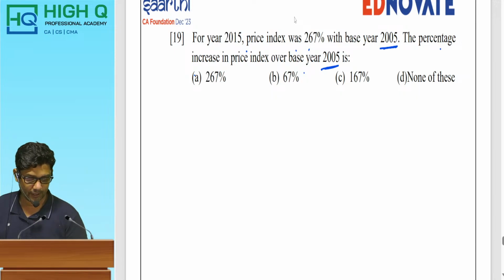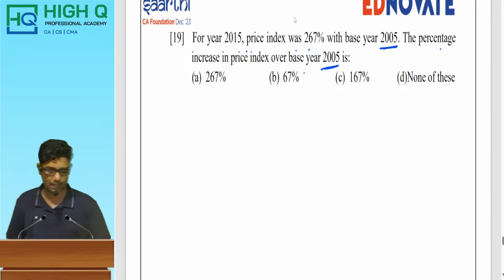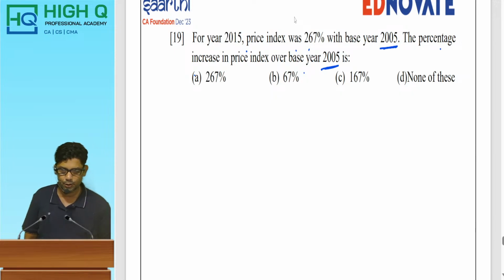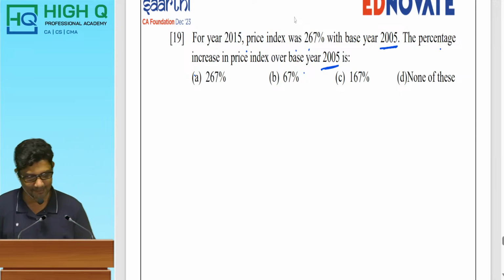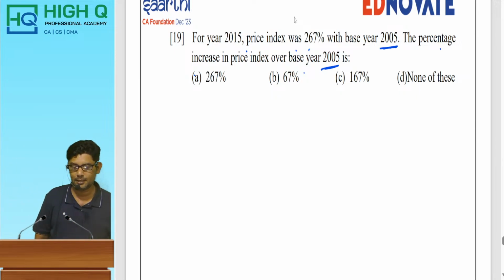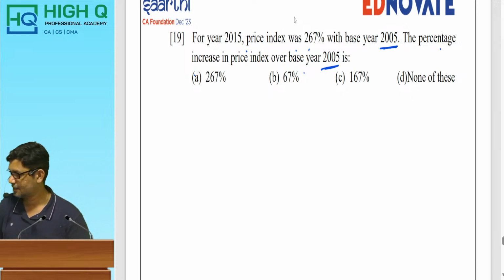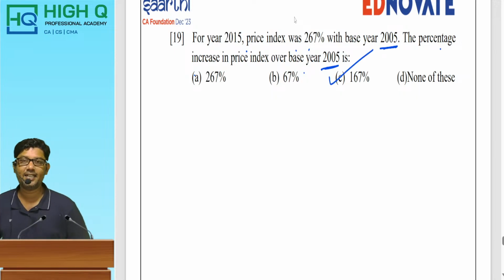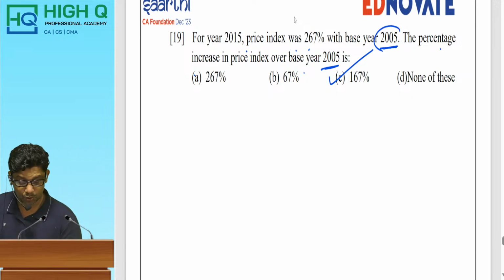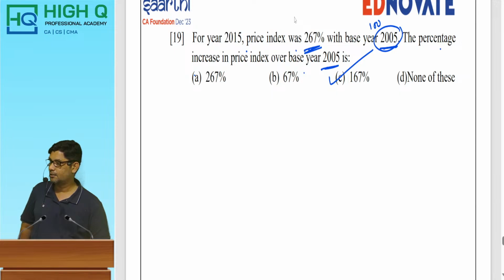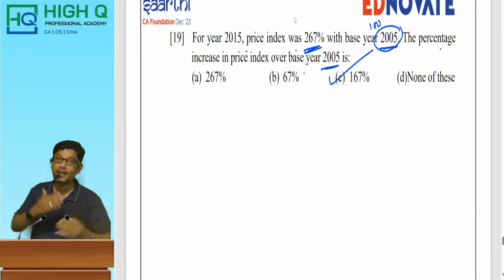Option A was given. C is the right answer, not A, because 2005 is the base year. Base year index is always 100. It is 267, so therefore 167 is the increment.